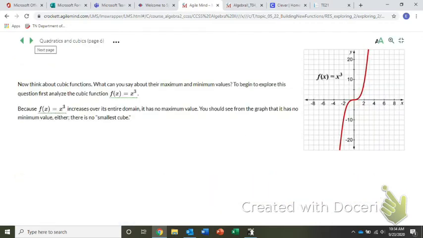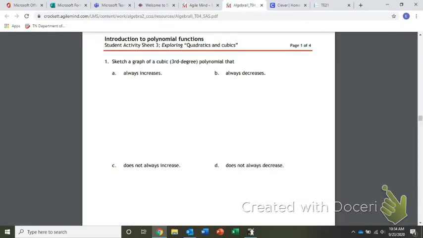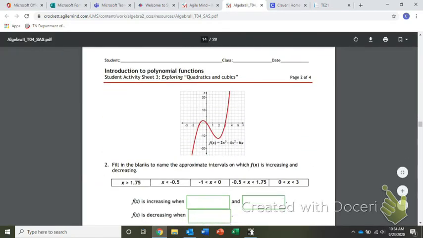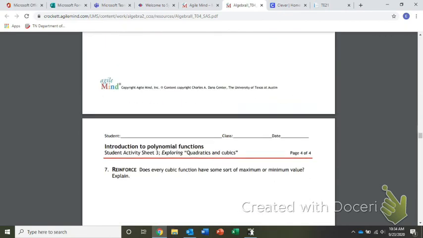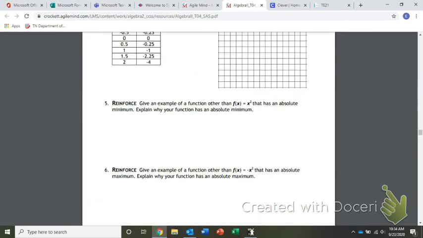Now, on number 5, it says, give an example of a function other than f of x equals x squared that has an absolute minimum. All right, so if we want to have an absolute minimum, then we want to have the lowest point.